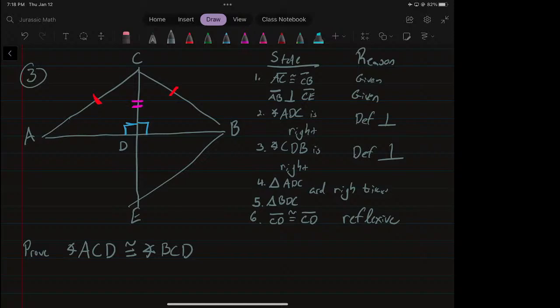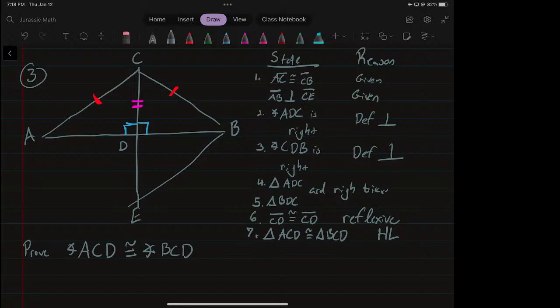From there, we can say the two triangles are congruent. So triangle ACD is congruent to triangle BCD. And like I said, this is going to be HL because the red line is the hypotenuse, the pink one is a leg, and the blue right angle is the right angle.